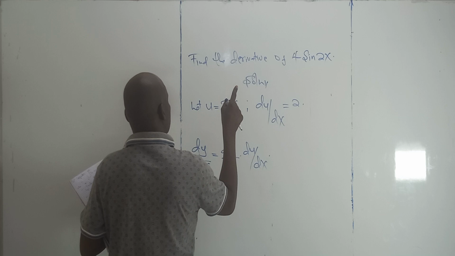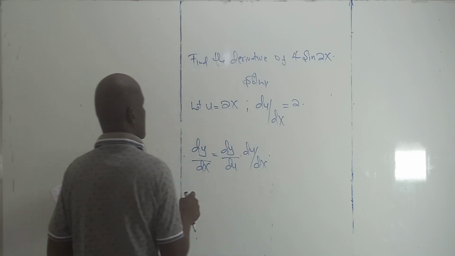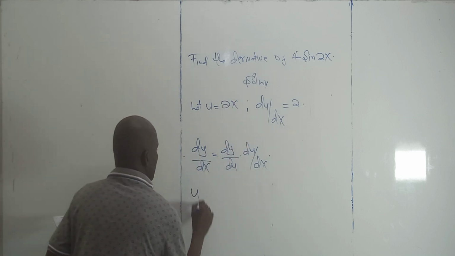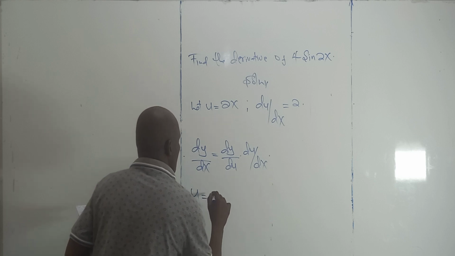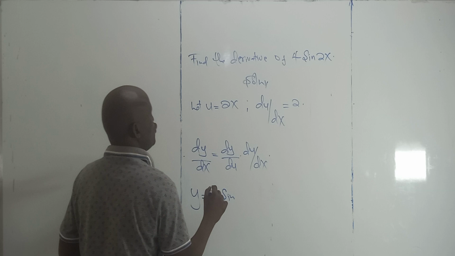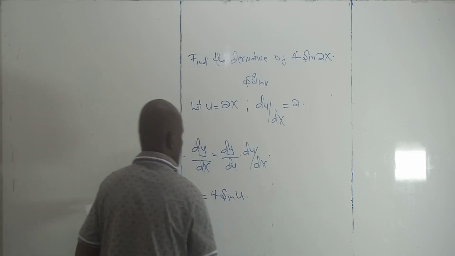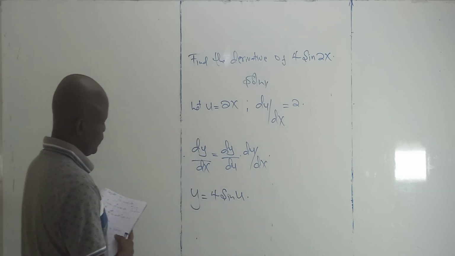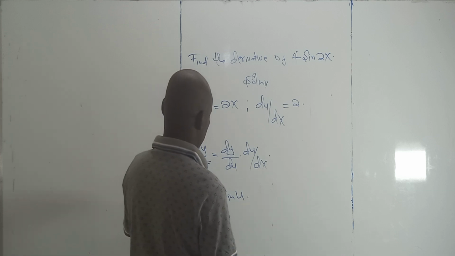So I need to rewrite my y as 4 sin of u. 4 sin of u is my y.